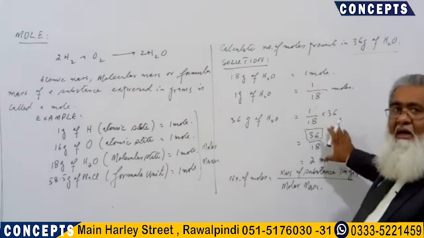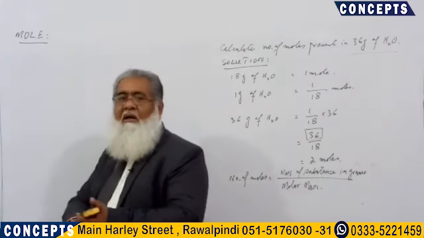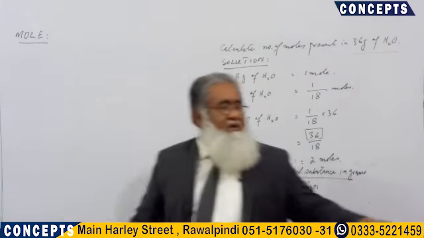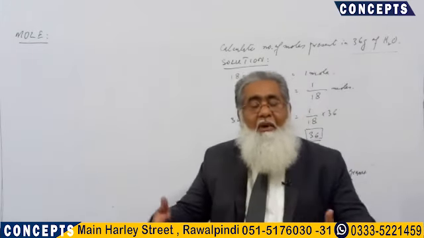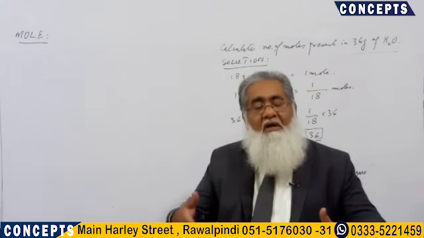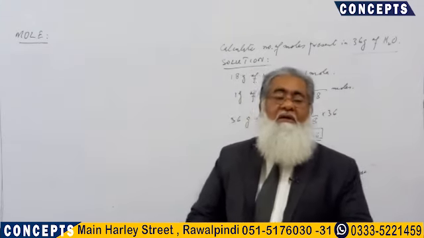Now, the other definition of mole. There is another definition of the mole with respect to which the number of particles, number of atoms, molecules or formula units can be calculated.